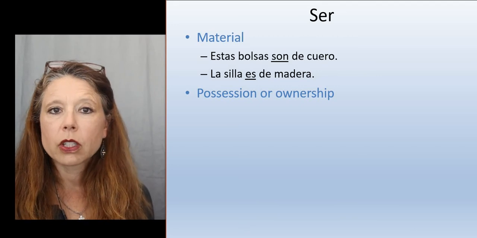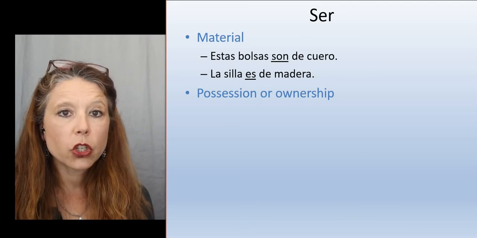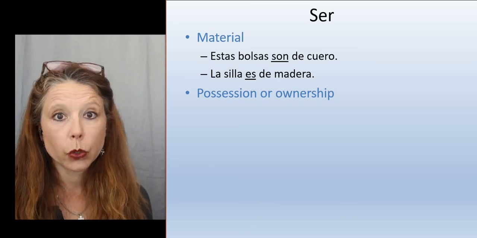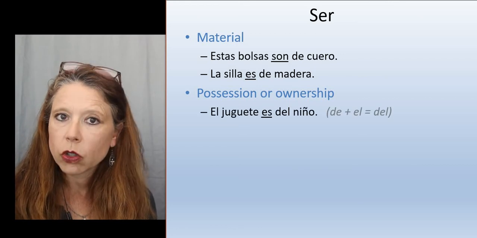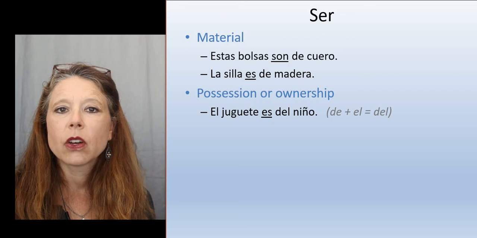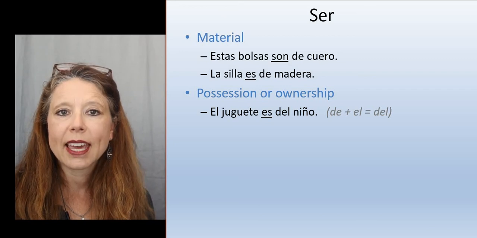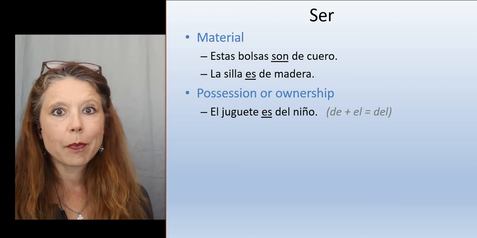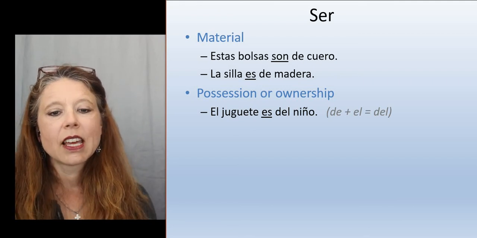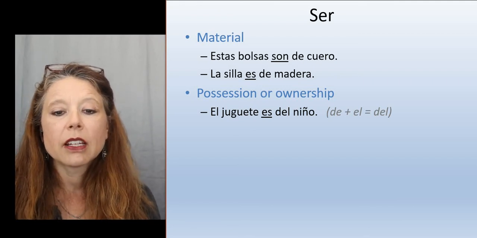We also use this verb when we're talking about possession or ownership. El juguete es del niño. A couple of different things here in this sentence. This means the toy is the boy's.